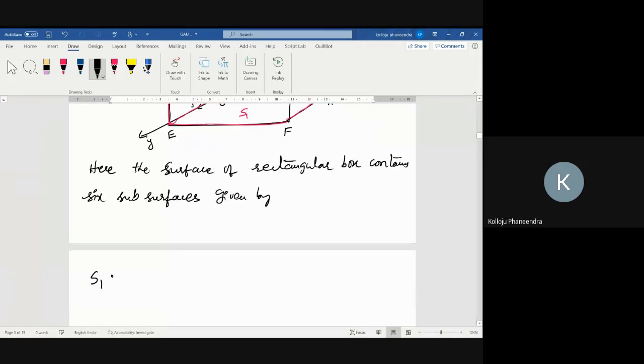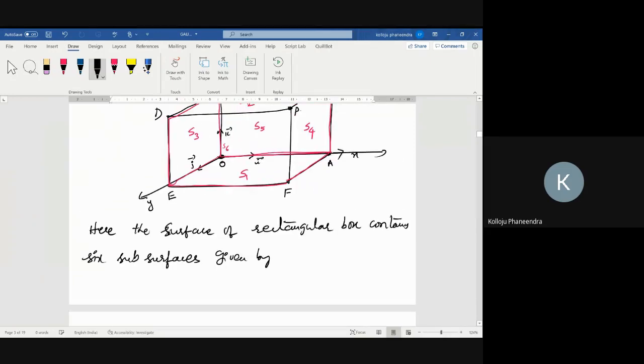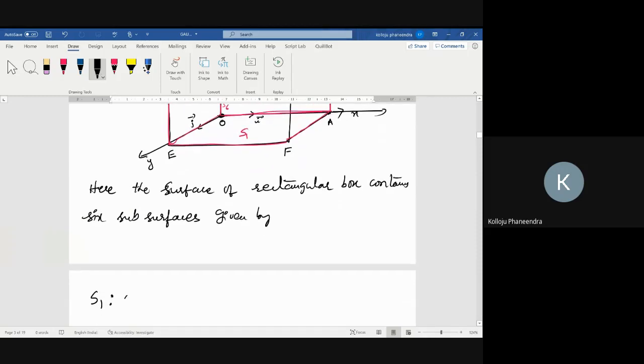First one, S1. What is that S1? S1 means this bottom. What is the bottom? O, A, F, E.